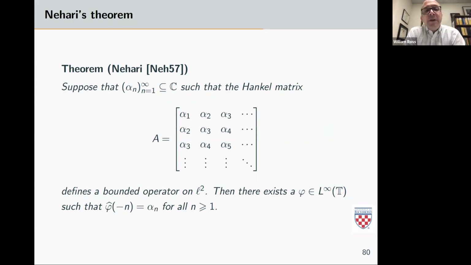All right, so a theorem of Nehari states that if you have a Hankel matrix, and it defines a bounded operator on little L2, then there exists a bounded symbol phi on the circle, such that these coefficients, alpha n, are the Fourier coefficients of phi. Okay, so in other words, a Hankel matrix and a Hankel operator are the same thing. You just have to think of them right.